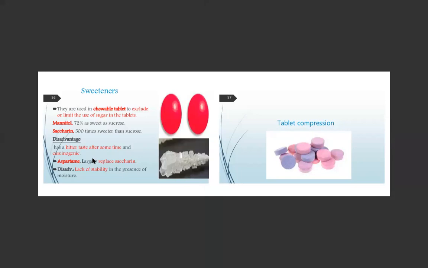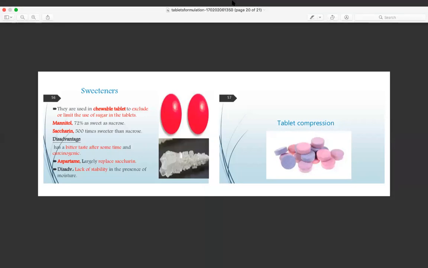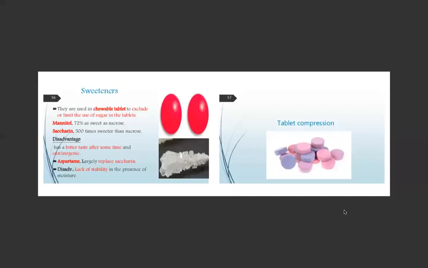So this was all about excipients. Now let me tell you, in formulation, which means preparing the tablets, what should it consist of? First of all, you list out all the excipients I have told you, along with some anti-adherents and coating agents, all the formulating agents.